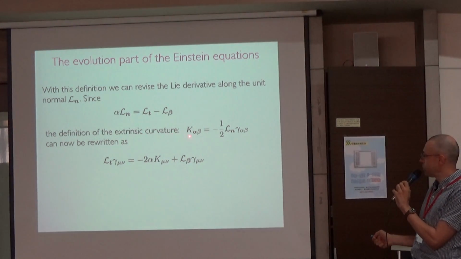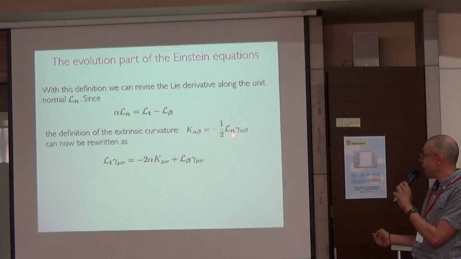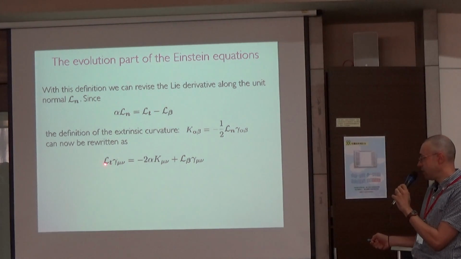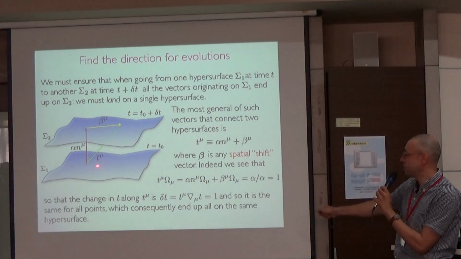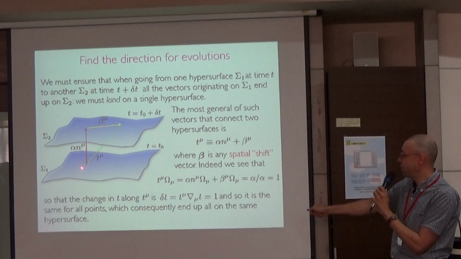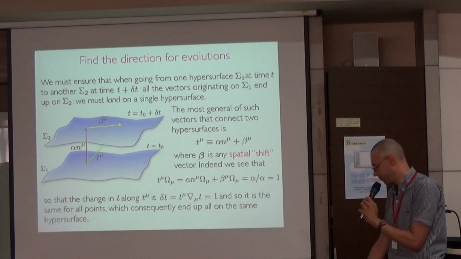So the definition of the extrinsic curvature was this on our previous slide. Now instead of n, we change this n to t. So we have the Lie derivative with respect to this t, which is the real change that we have. That includes both the time advance and a shift.